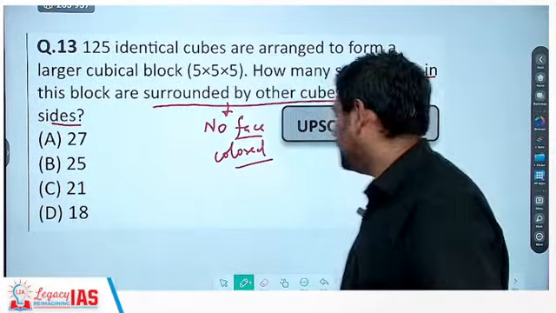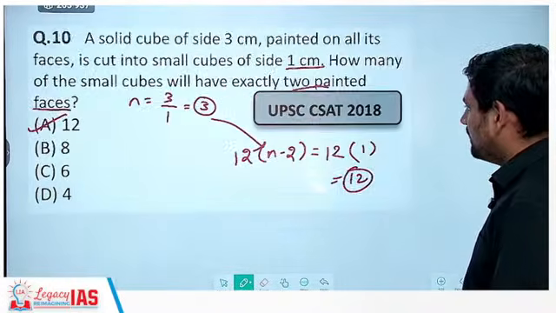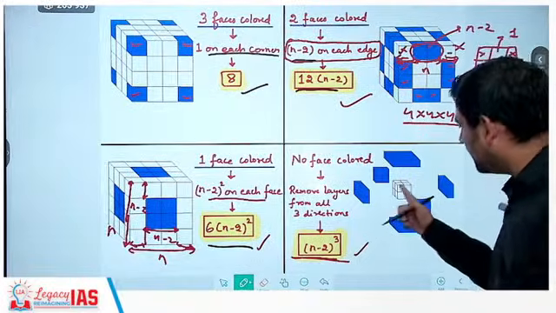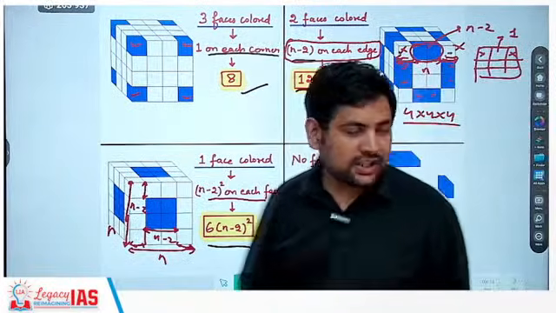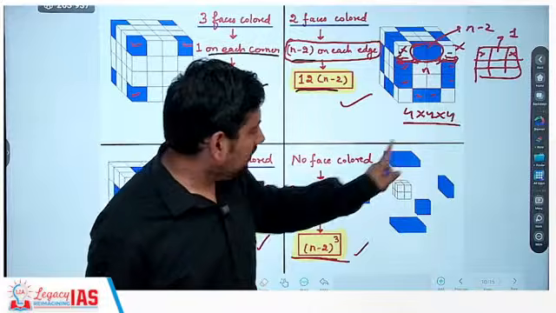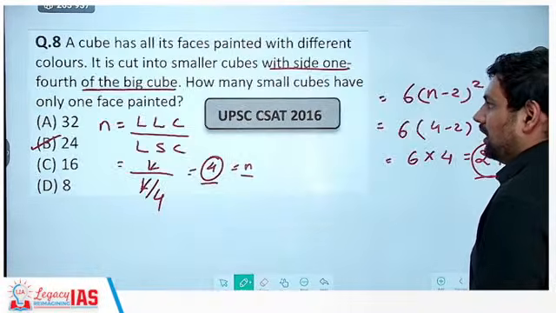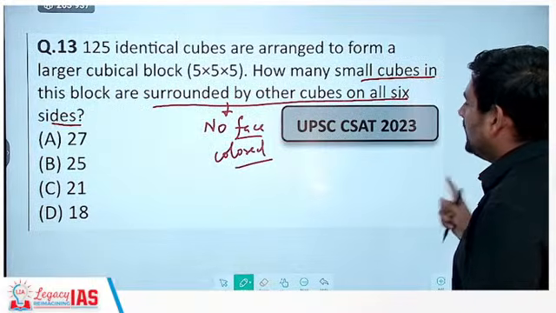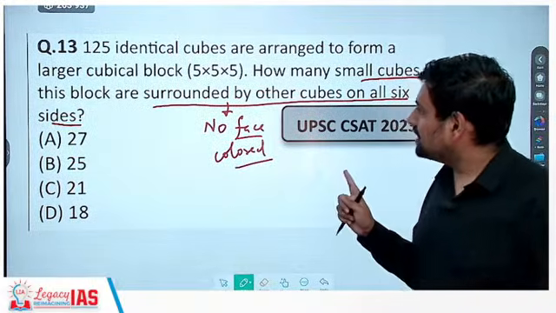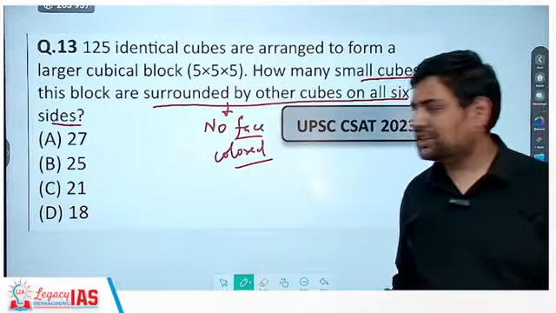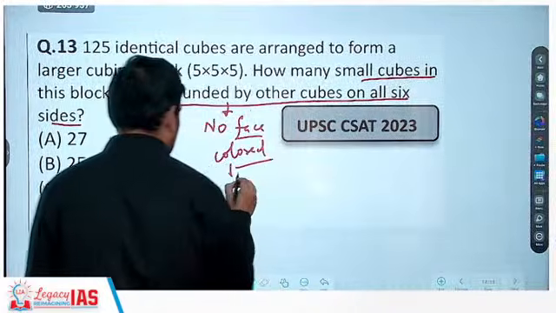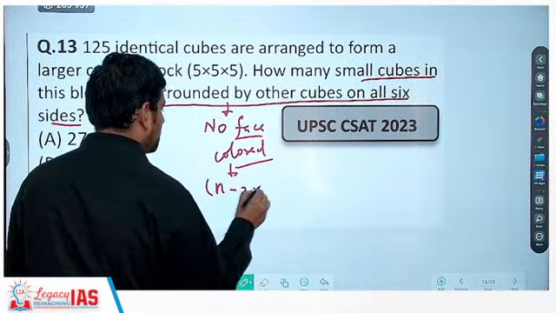If you see here, what you saw in this diagram, which were the ones that were not colored from any sides, which was inside or covered on all the three sides. So that is what it is asking. So ultimately this is no face color. So answer becomes n minus 2 whole cube.